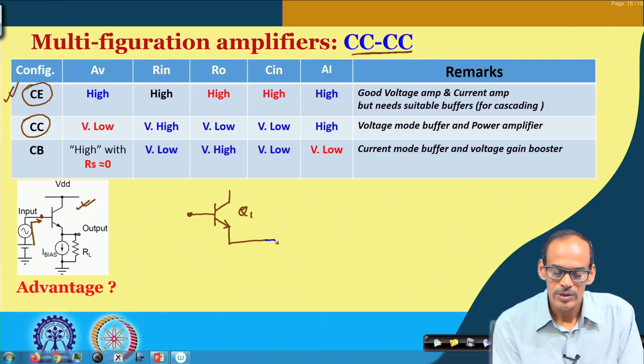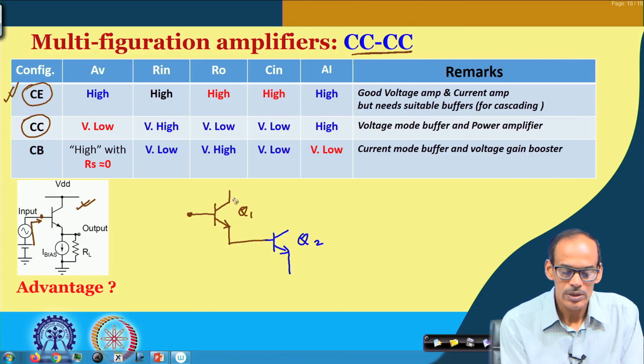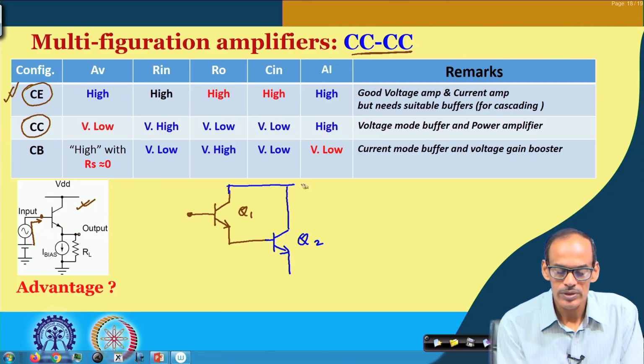We have the second transistor here, and let us call this Q2, and of course, the collector here and the collector here should be connected to the main supply.